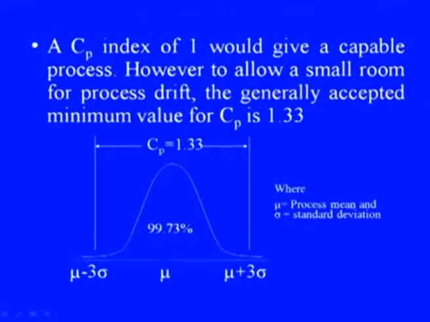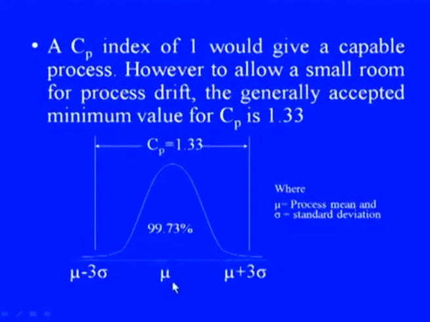1.33. This can also be explained with the help of this figure, in which a normal bell curve is shown, with little drift on both sides, that is plus minus 3 sigma.